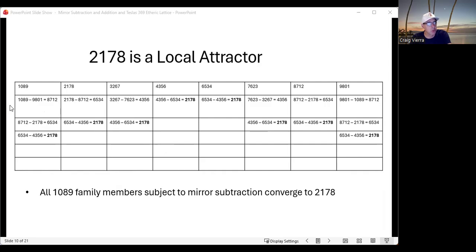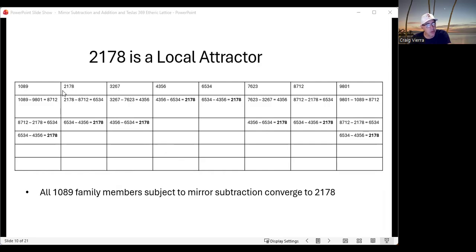So just to show you here, 1089 minus its mirror goes to 8712, 8712 minus 2178 is 6534, 6534 minus its mirror, you end up at 2178. 2178 minus 8712 is 6534. 6534 minus 4356 is 2178. And you can see this as you go through each individual 1089 multiple.